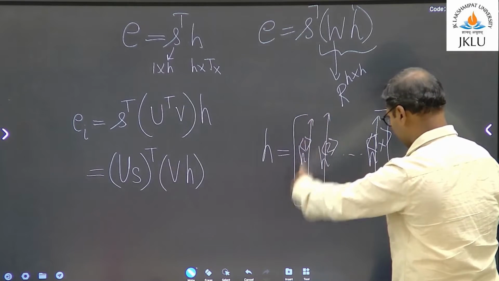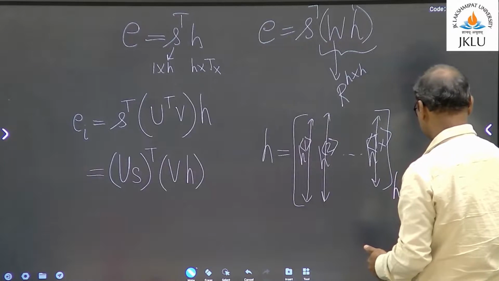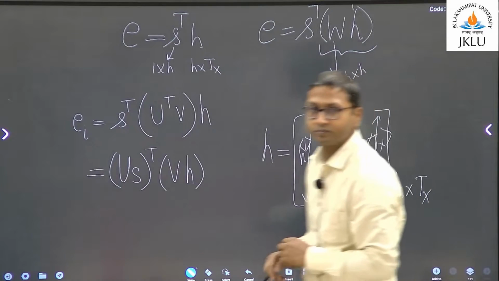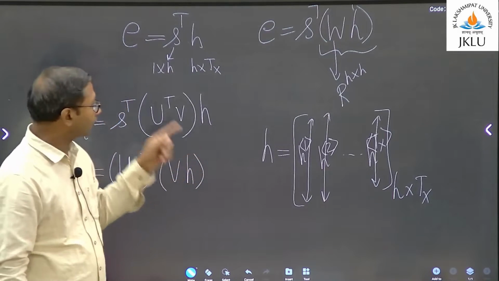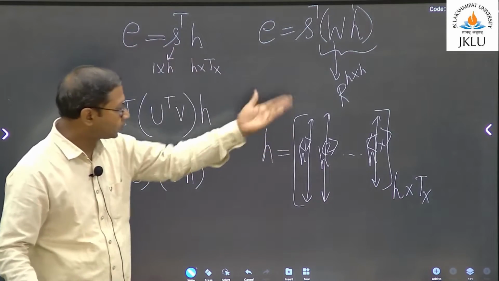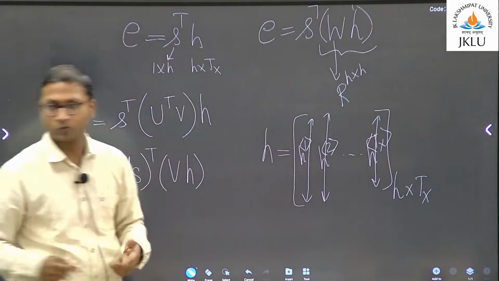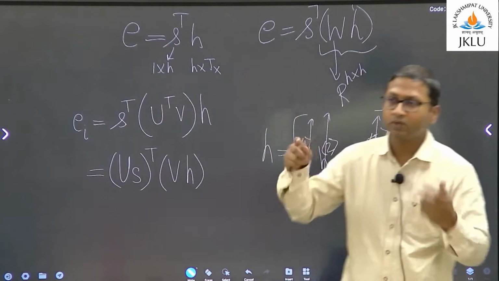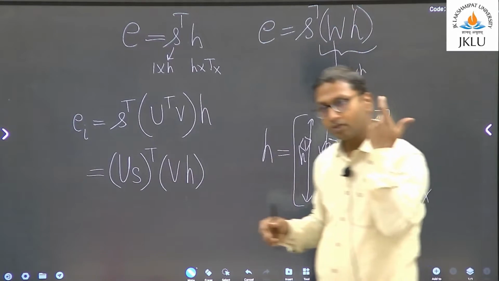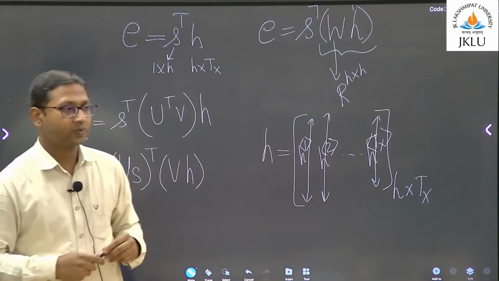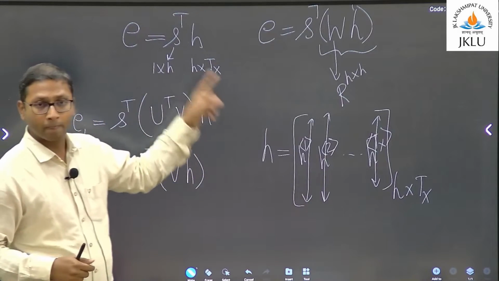So, this is H cross Tx. Make sense? Now you basically multiply these two, and what you get is your vector, and that is what we were looking for. So, rather than writing it as a sum of equations, you just write it as a matrix multiplication. This makes sense?